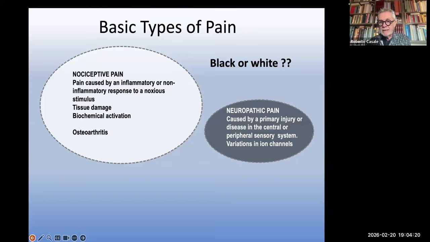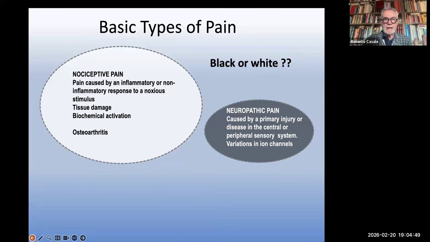And on the other side, we had neuropathic pain, which is caused by a lesion or a disease in the central or peripheral sensory system, in which we don't have biochemical activation, but we have changes in ion channel activity. So it's a sort of black or white choice.